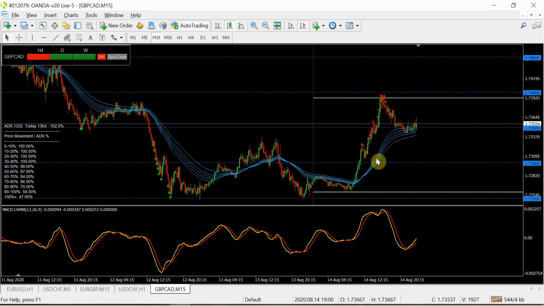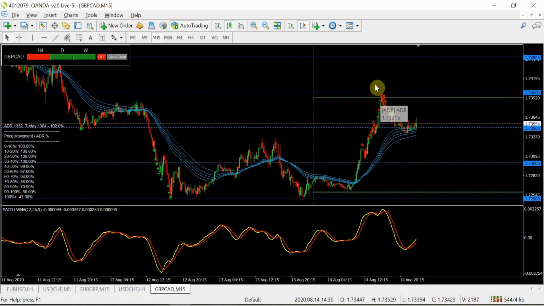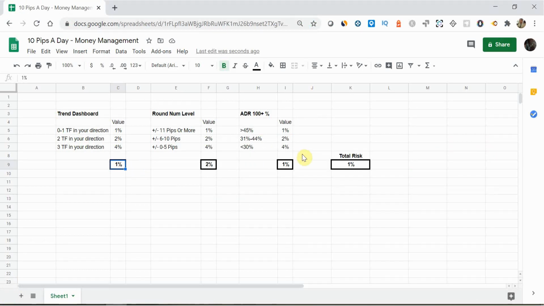But in this particular trade for the GBP CAD, you are going against the longer term time frame. Even though it did hit 102%, so it would have been included in this figure here, it has been higher than that. It's very close to a round numbered level, which is good, and we've taken that into account.